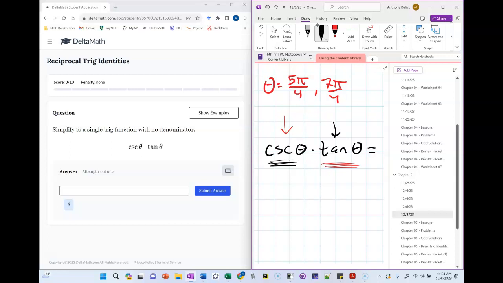R's and Q's, right? Since everything is to the first power, that's typically the place where I'm going to live, those R's and Q's. If I don't have anything squared, it's unlikely I need to use a Pythagorean. And the other ones I would only use if the variable is not identical, like if I had a negative theta inside of one, or a pi over 2 minus theta inside of one, but I don't have that, so I'm not going to look at any odd evens or cofunction.